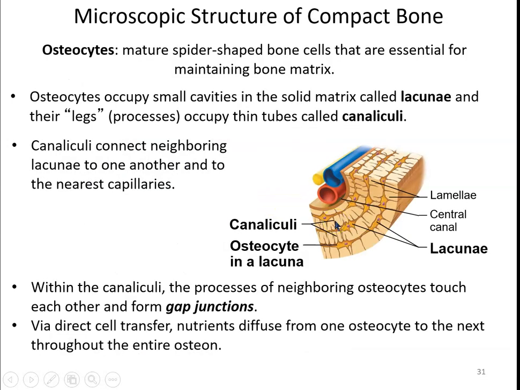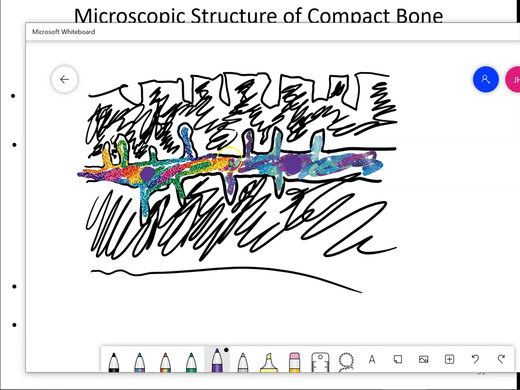What else? Right, and these cells, this osteocyte, where it meets this osteocyte, they're connected by gap junctions. Gap junctions, if you'll remember from epithelial cells, are physical connections of cytosol in neighboring cells.